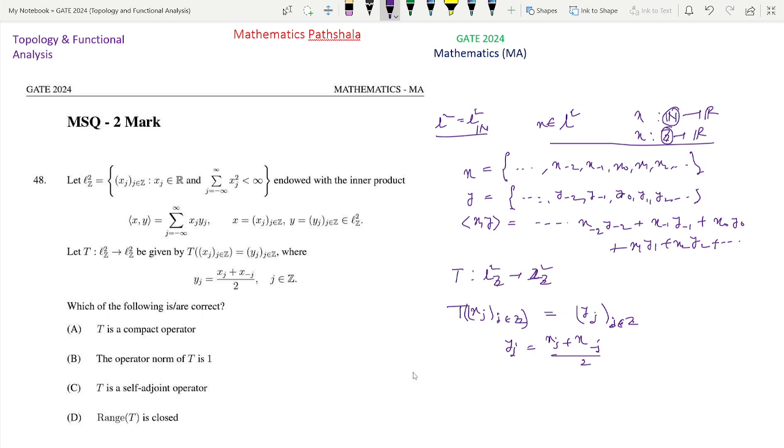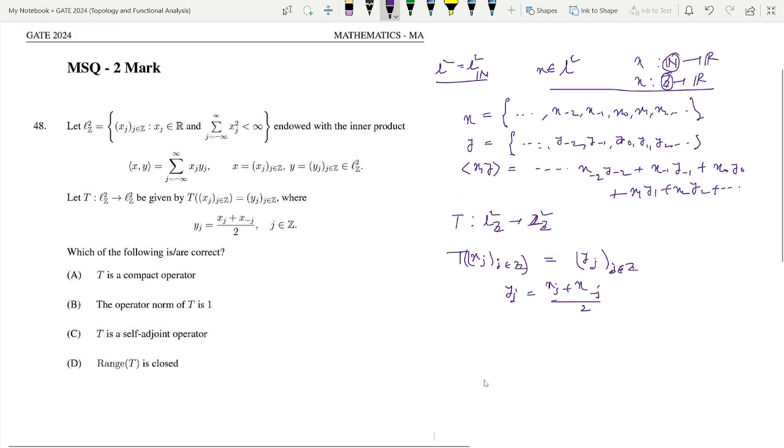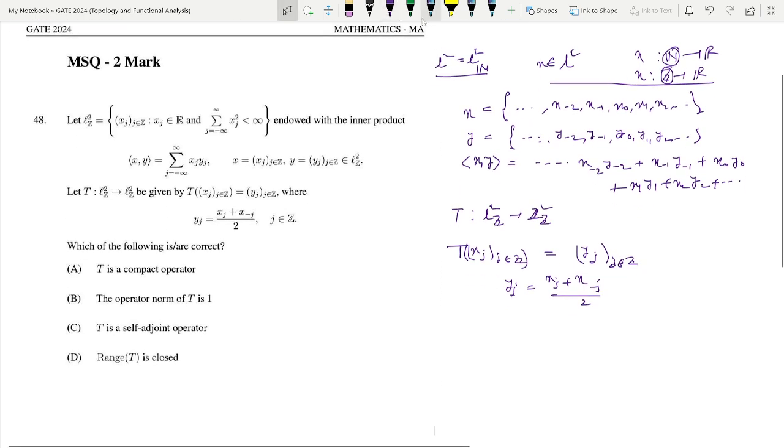Now T is defined in this way, then which of the following is or are correct options? So one by one we will study the options.